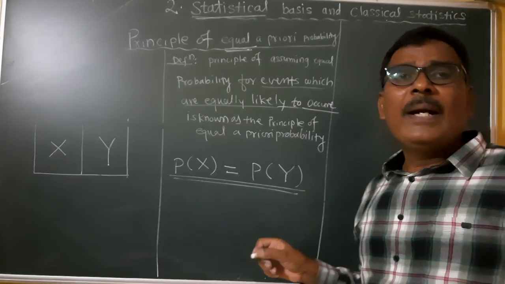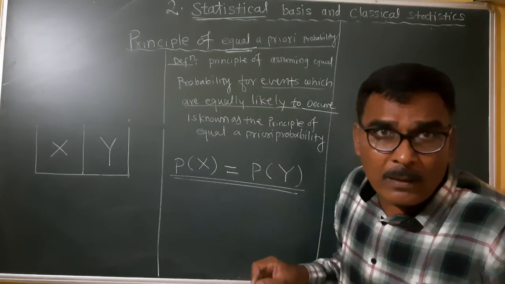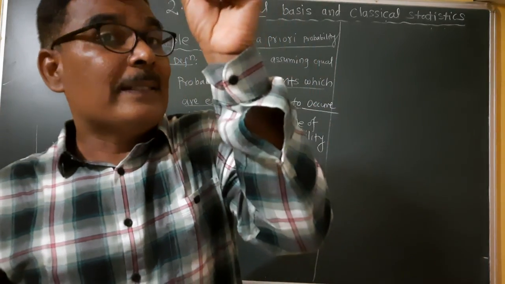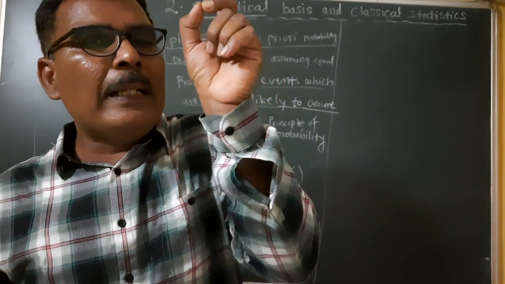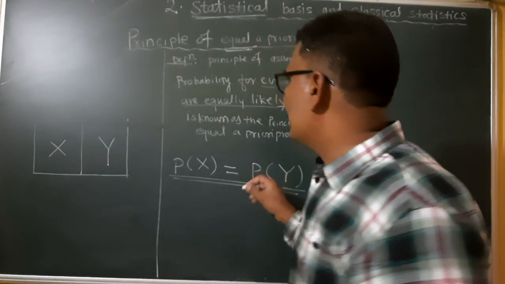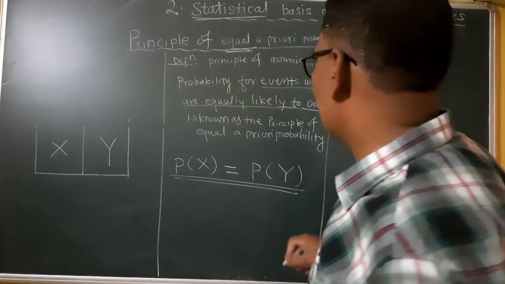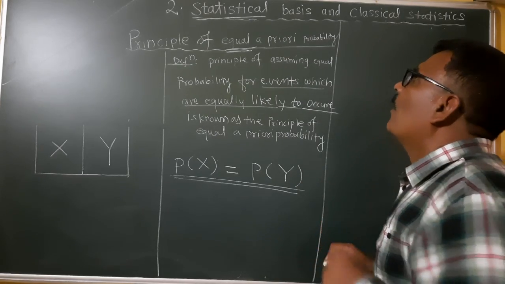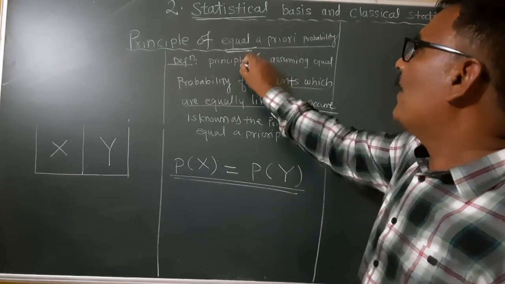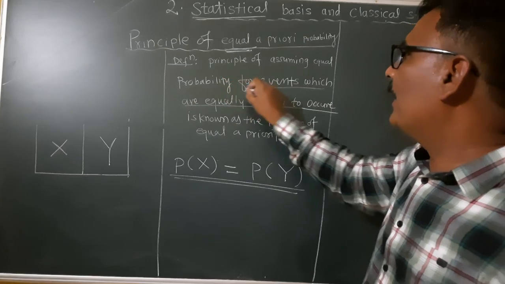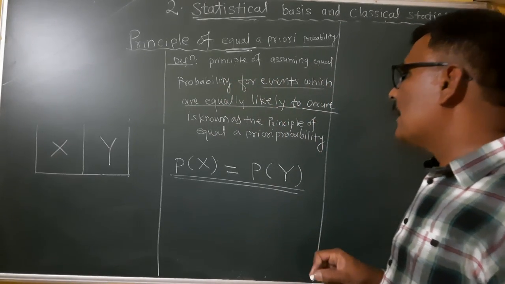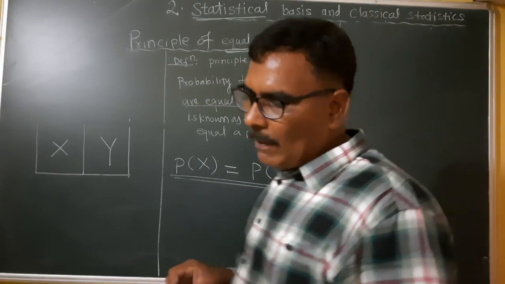The event may be that the particle falls in X or falls in Y. It has equal probability, equally likely to occur. That is, P of X is equal to P of Y. This is the principle of equal probability: assuming equal probability for events which are equally likely to occur.